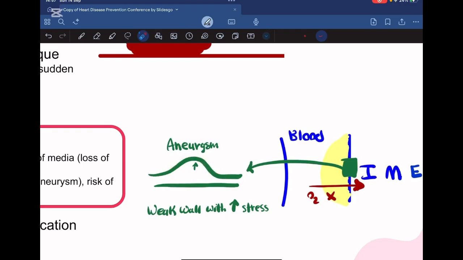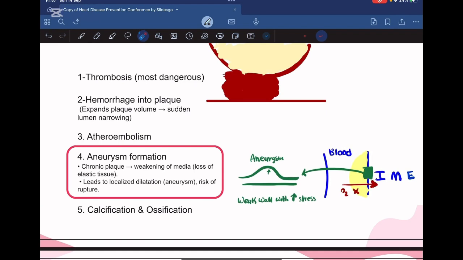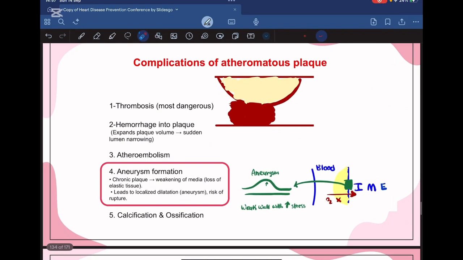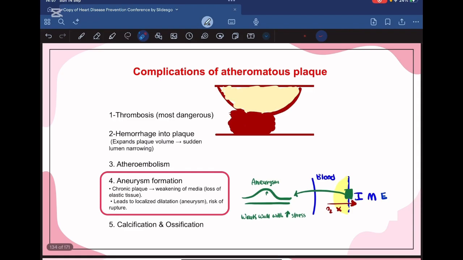Okay, and there will be localized dilation in this weak area of the blood vessel, and what we care about is the risk of rupture, meaning we fear this. It can be on one side or on both sides of the wall. Okay, and eventually another possible complication is calcification, so the plaque will become harder.